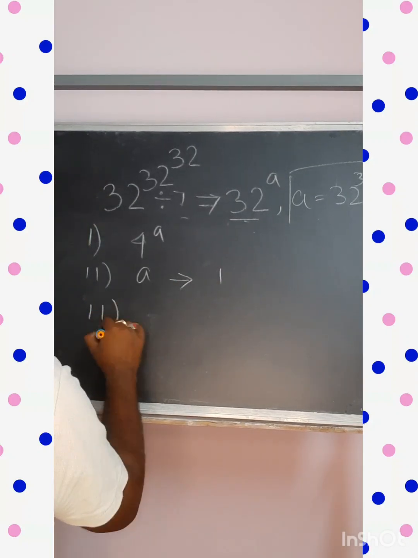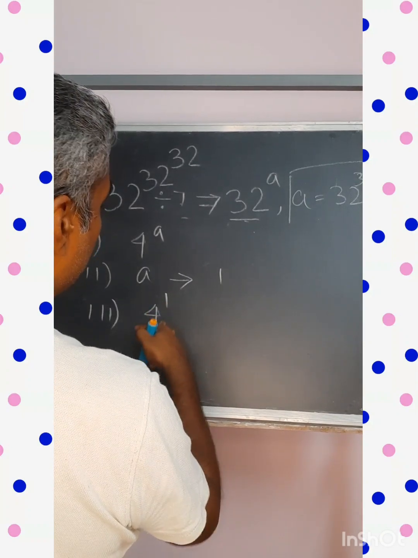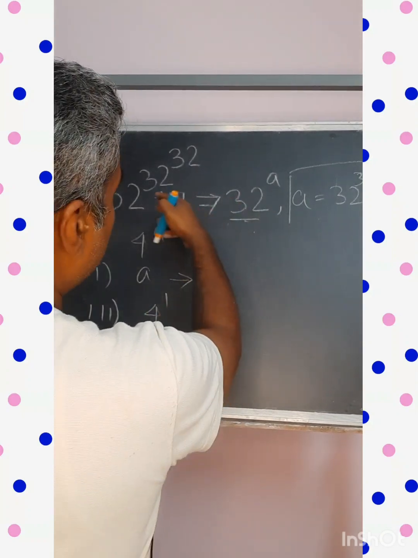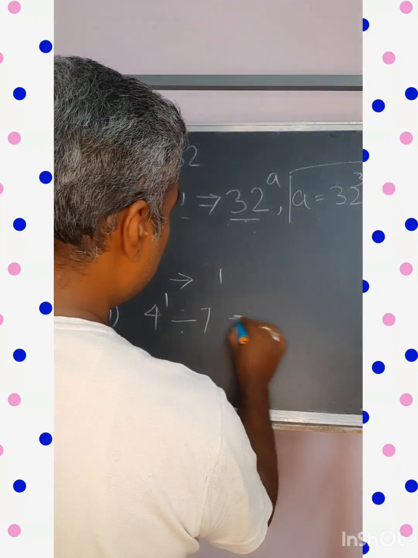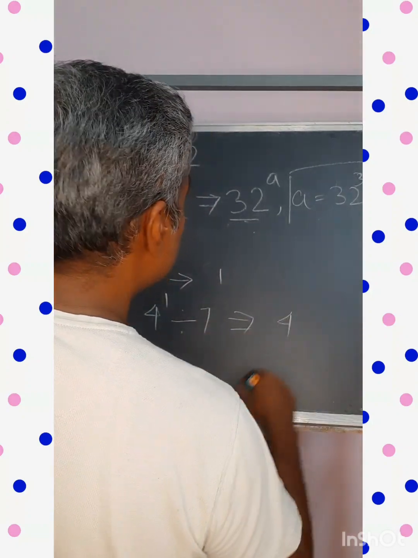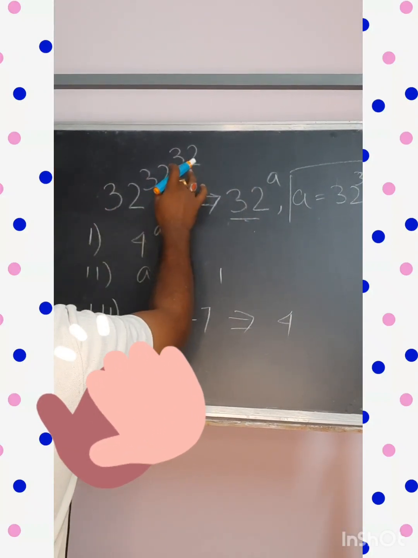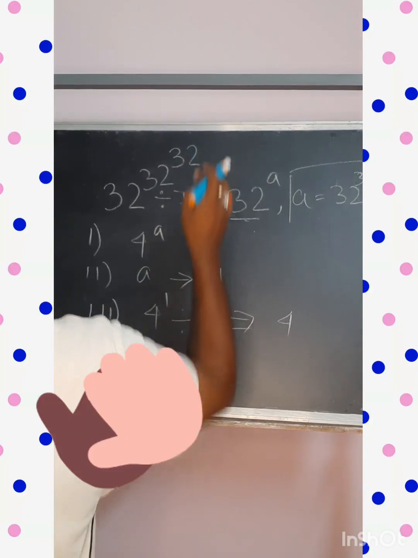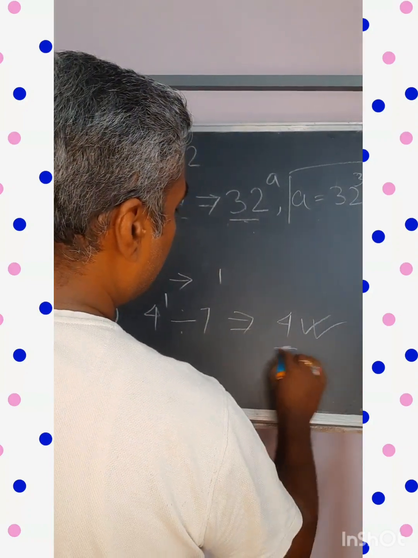So in the third step, I can conclude it will be a power of 1. Now 4 to the power 1, I will divide with 7, I will get the remainder 4. So the ultimate answer for 32 to the power 32 to the power 32 divided by 7, I will get the final remainder 4.